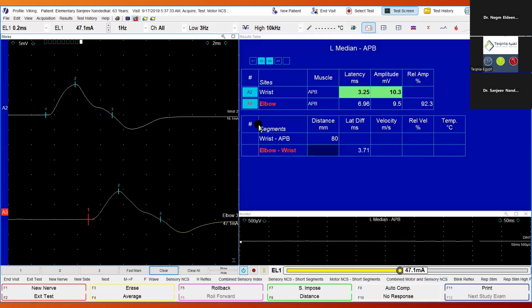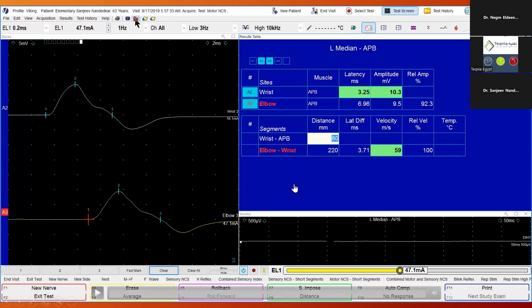Having obtained the response, we input the distance between the stimulation sites to calculate the conduction velocity. So this is a basic motor nerve conduction study where we focus on stimulating at least 2 sites, sometimes 3 sites. In proximal muscles, maybe only 1 site, and then we assess the latency, amplitude, and conduction velocity.